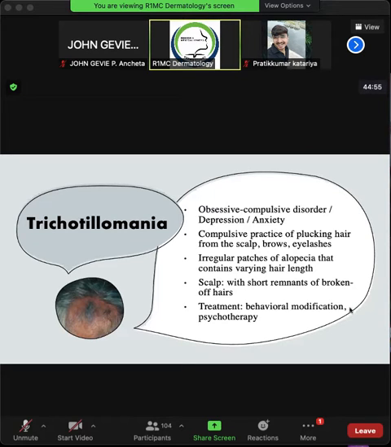Moving on, you also have your trichotillomania. This is usually seen in patients with your obsessive compulsive disorder, depression, or anxiety disorders. Trichotillomania is the compulsive practice of plucking hair from the scalp, brows, or eyelashes, and typical areas are irregular patches of alopecia that contain hairs of varying length, and the scalp has a short texture resulting from the short remnants of your broken hairs.